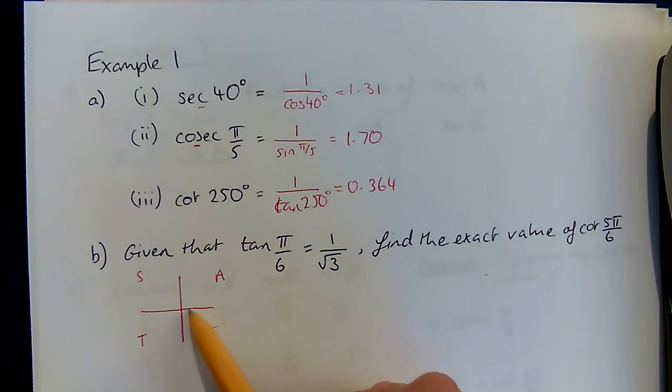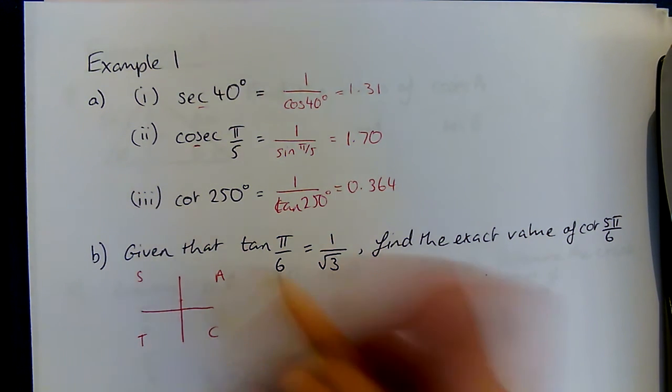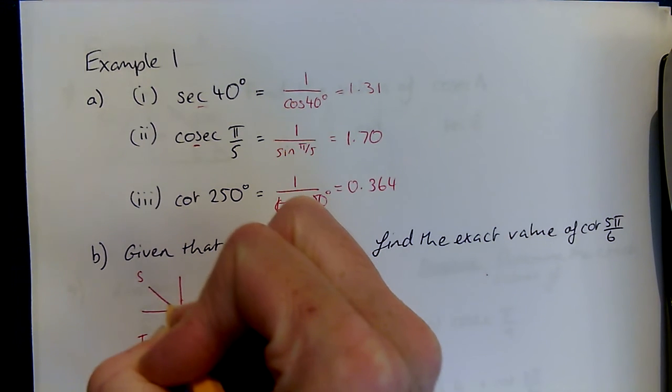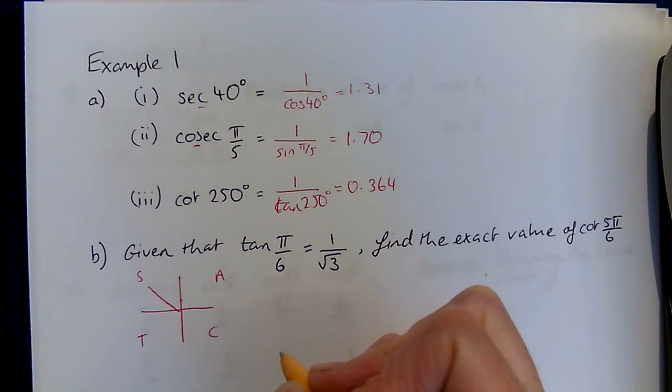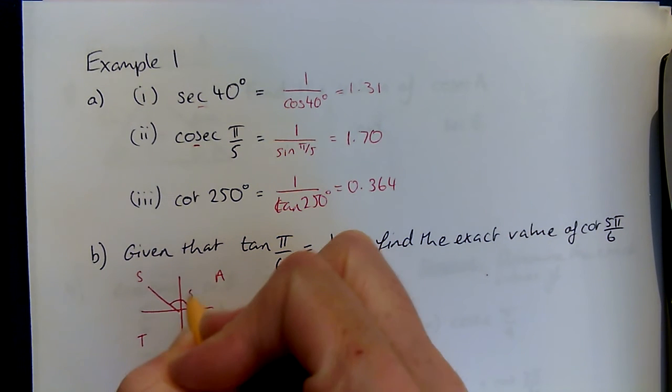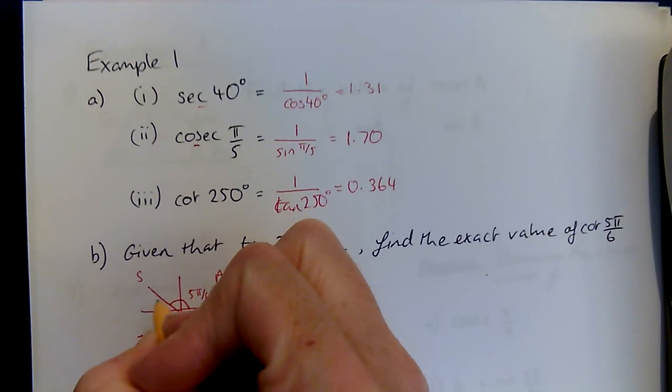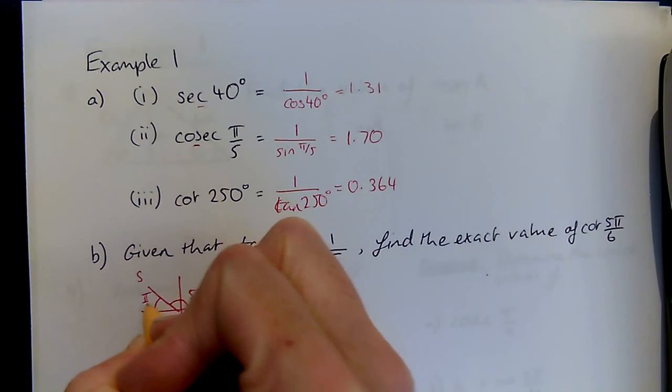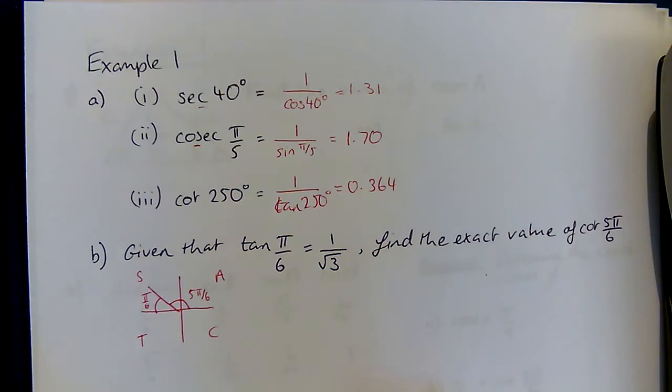Well, we know that we go from 0 round to pi over 2, which would be 3 pi over 6, and then we keep going to get to pi, which would be 6 pi over 6, so we know it's going to be in the second quadrant here. We know that this is 5 pi over 6, which just leaves a single pi over 6, which is very useful, in this area here.